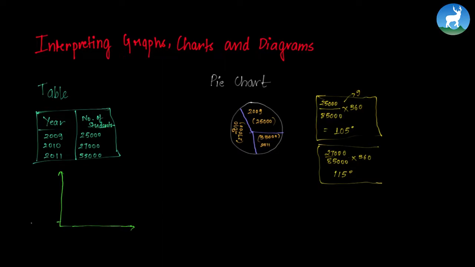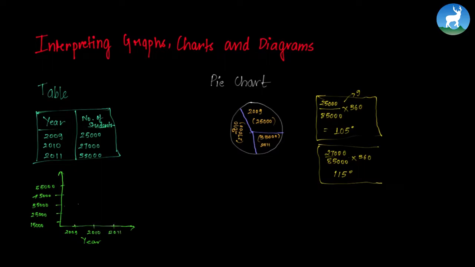Let's start from 15,000: 15,000, 25,000, 35,000, 45,000, and 55,000. And in the x-axis we have the year: 2009, 2010, and 2011.